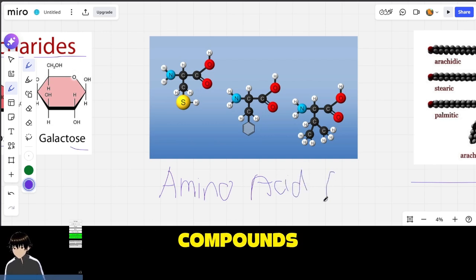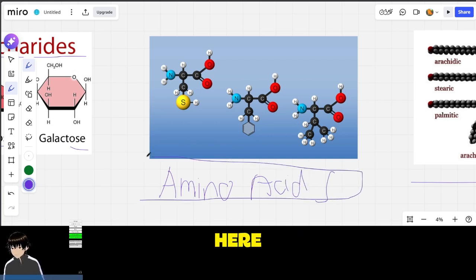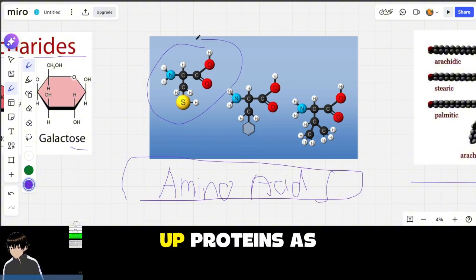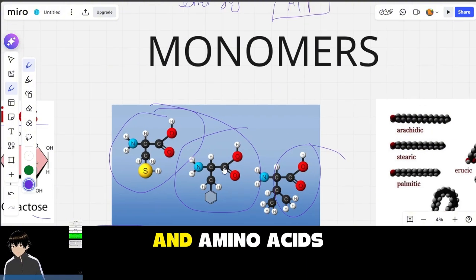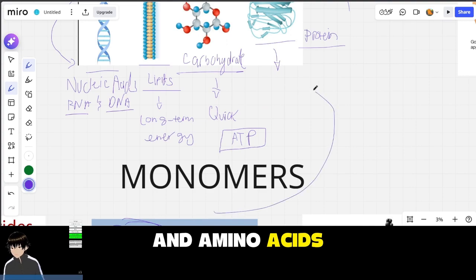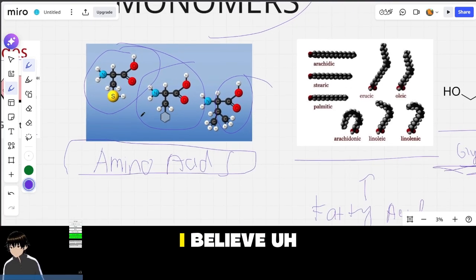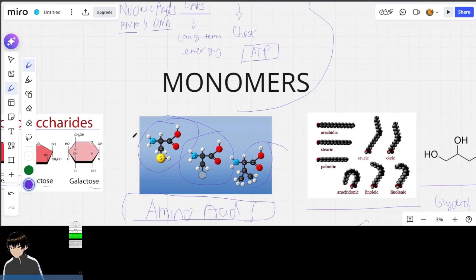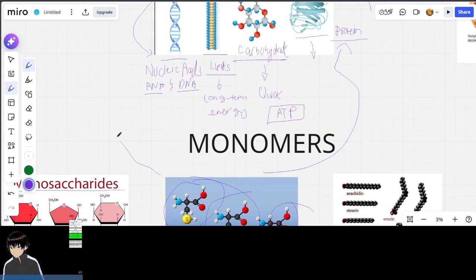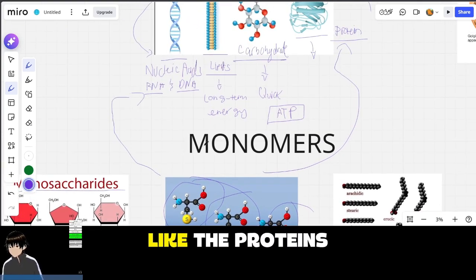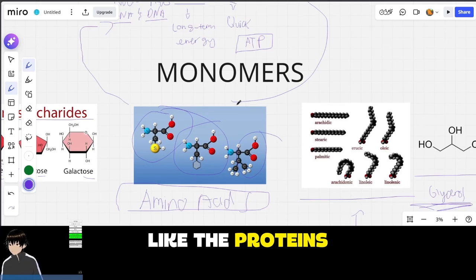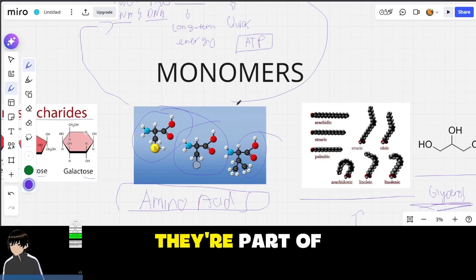These chemical compounds that you see over here basically make up proteins as a whole. And amino acids are also, I believe, part of the RNA, the making of proteins in general.